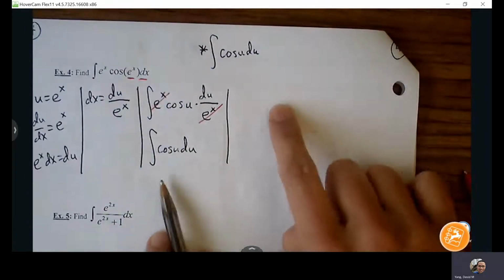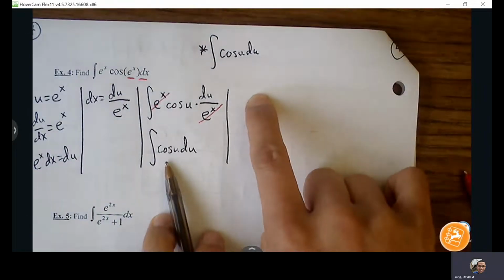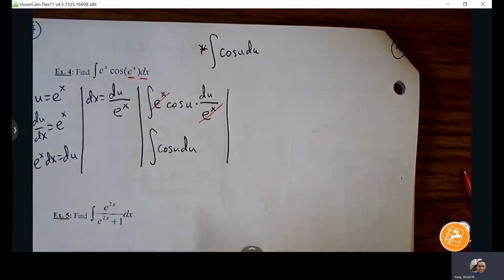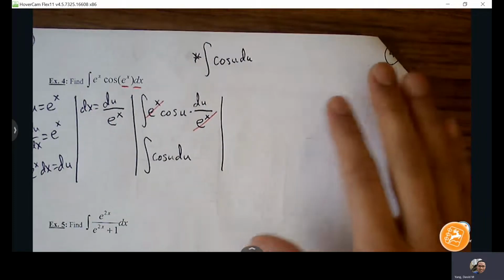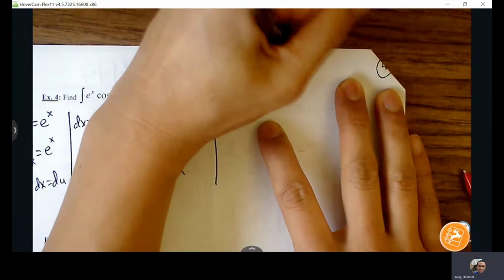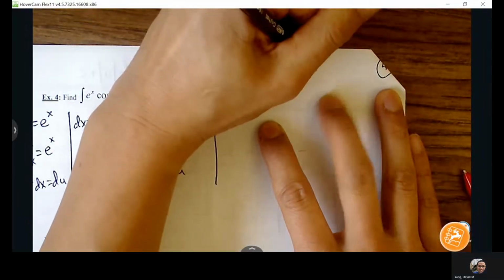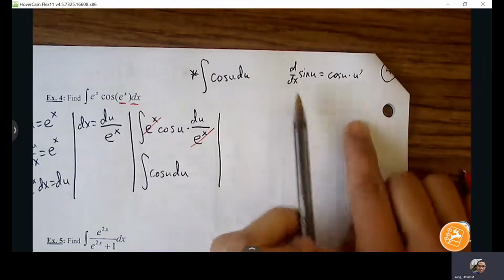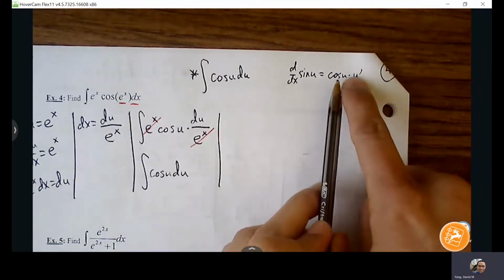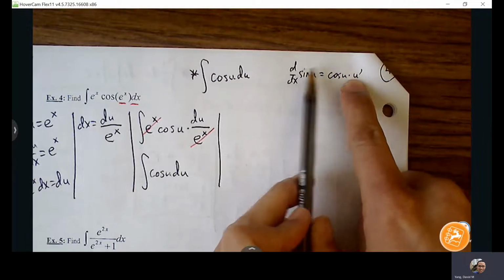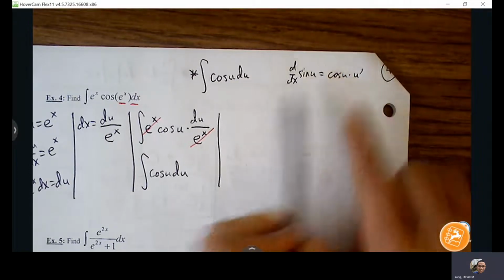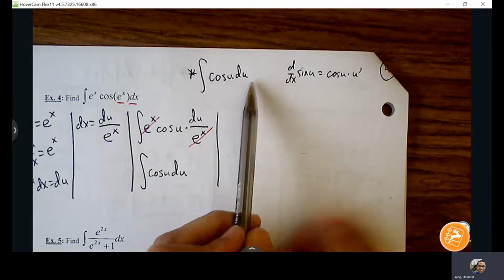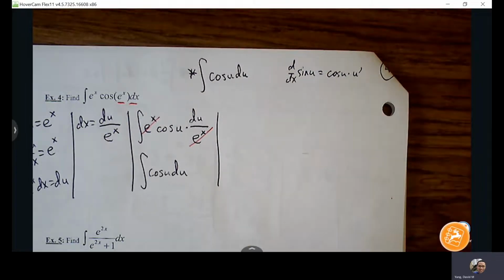Do you remember the rule for the antiderivative of cosine? It is regular sine, right? I know that's the tendency for us, but if you remember, the derivative of sine is cosine. Because the derivative of sine is cosine, the antiderivative of cosine is going to be a positive sine. Antiderivative is working backwards. I know it's easy to say it's negative sine because we're used to seeing that for our derivative rule.